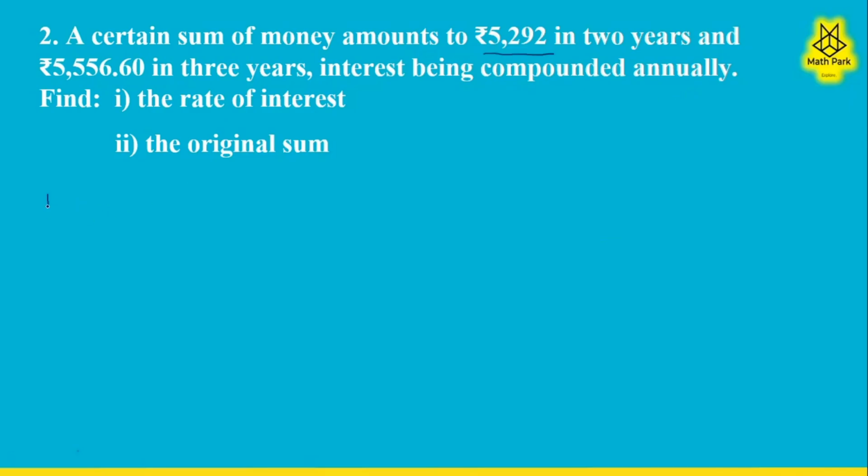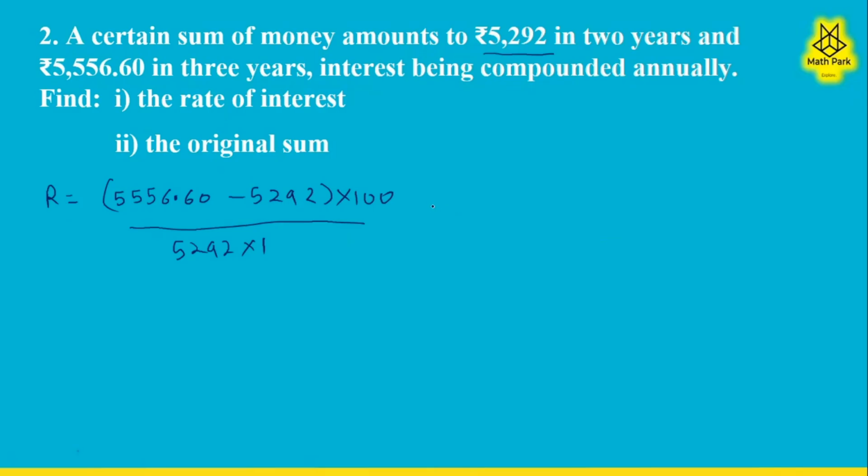The simple formula for rate of interest is the difference between the amounts for the 2 consecutive years, which is 5,556.60 minus 5,292, times 100 upon the original, that is the previous year's amount, 5,292, for 1 year.